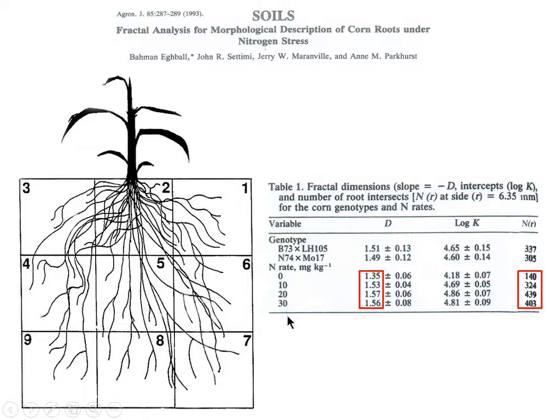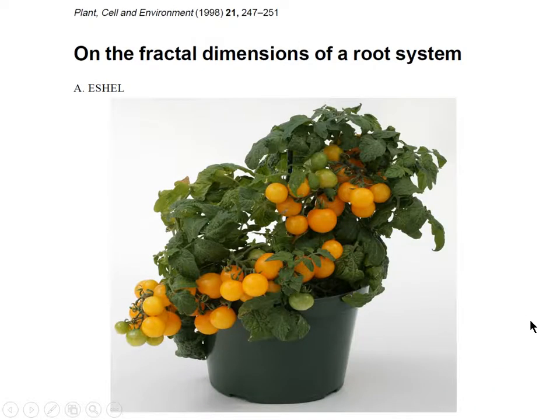The older the plants, the larger the root system, and the higher its fractal dimension. So it stands to reason, but it doesn't help much yet. We could just measure the size of the root system and know what it is. Don't bother with the fractals.